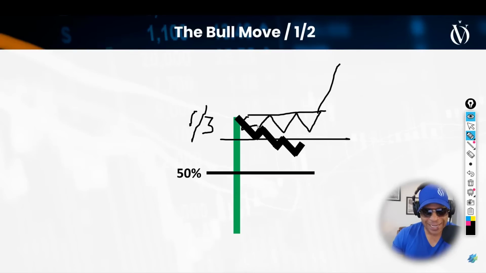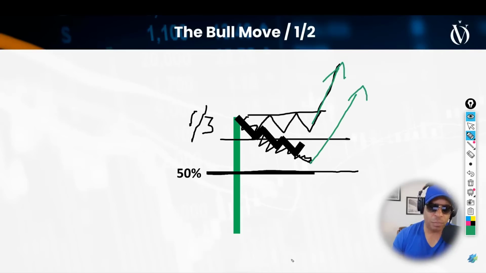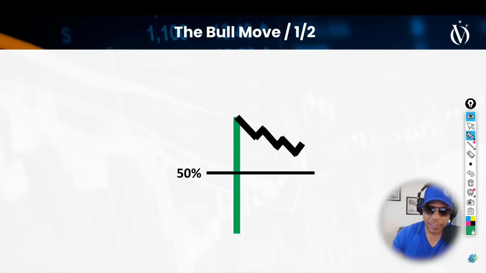If it starts resting in a diagonal way, then it must maintain the top 50%. Otherwise, all bets are off for a nice continued bullish run to the upside. Now, if you break this 50% mark, any move up is likely to fail.